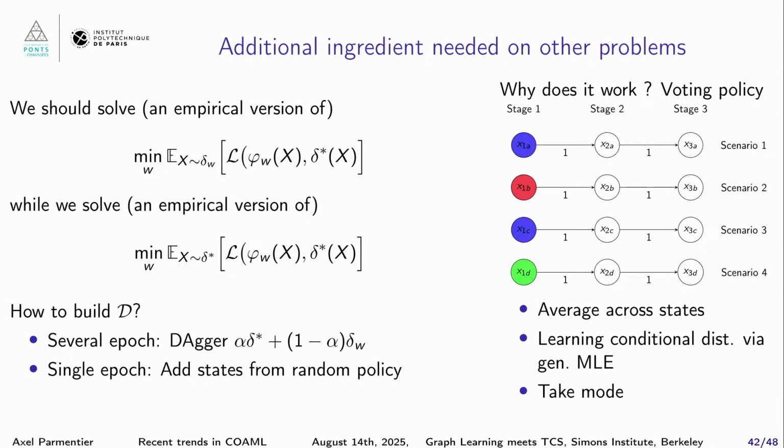Since it's an anticipative policy that uses information that is not available at the moment you take the decision, you cannot imitate it perfectly. And what we want is to imitate it on the states that are generated by our policy. And this can be pretty far away, because since it uses information that you don't have access to, it can be pretty far from it.